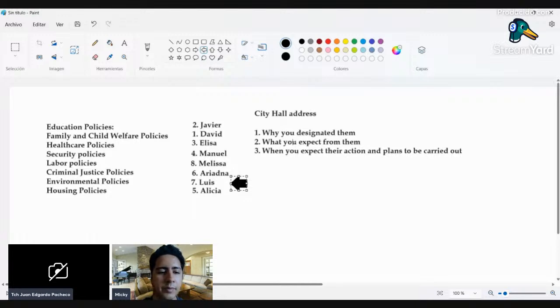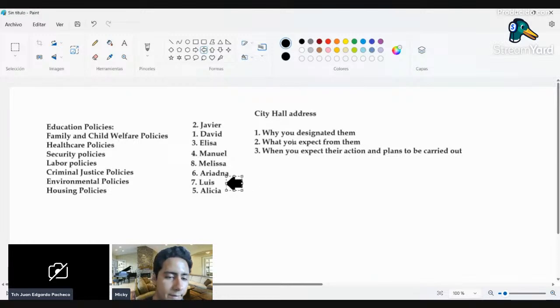Obviously, I expect a lot of Luis because he's a person that really completes what he promised. So I know that he's going to do great work, and I think that we can start from next month. Obviously, we need to plan a lot of things. I'm going to listen to all your ideas and proposals, and see what we can do.